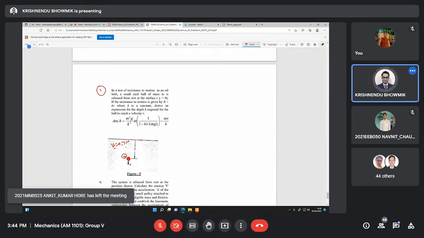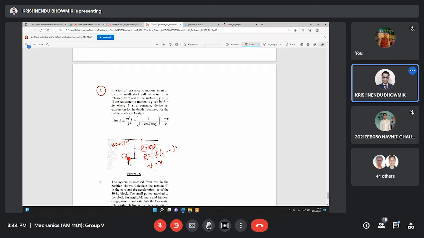Released from rest, if the resistance to motion is given by R equal to kv, k is the constant, derive the expression for the depth h that is required to have velocity v equal to v, the final velocity. So this is v1 and v2 equal to v.